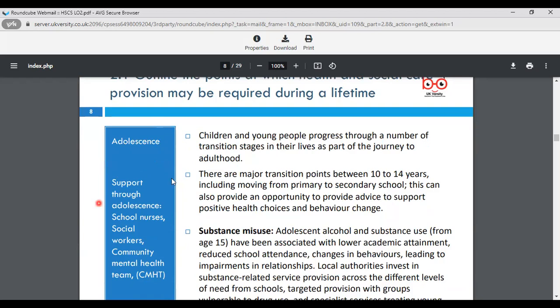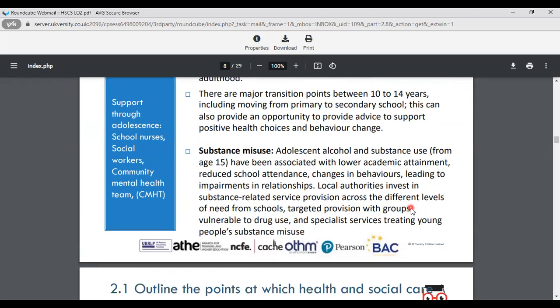And then you have the adolescent stage, where there's support through adolescence. Obviously, with adolescents coming in, you have major other changes in life going on. There's a major transition between 10 to 14 years of age, including moving from primary to secondary school. This could have a mental impact and a physical impact as well.